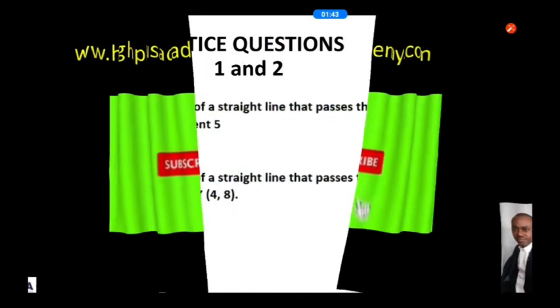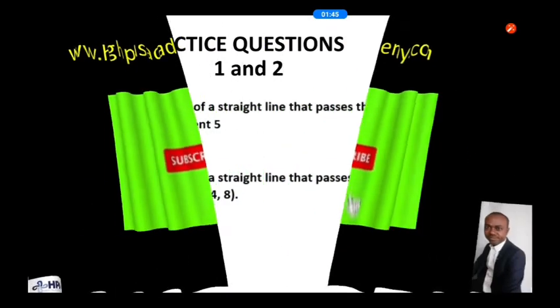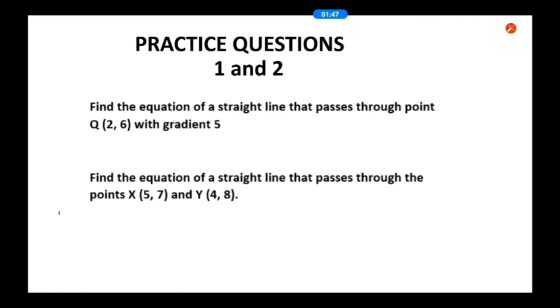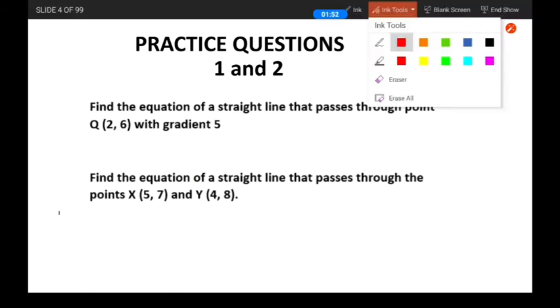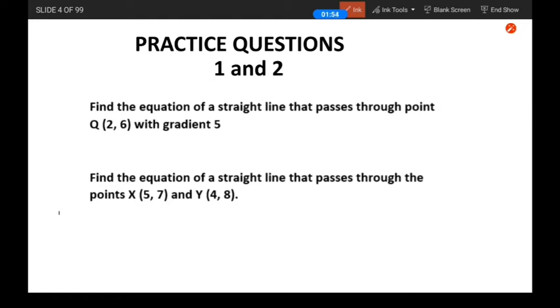Now let's look at the first question. Question 1 and question 2. You can practice all these questions over and over again. Now the first question says, find the equation of a straight line that passes through the point (2, 6) with gradient 5. Now you notice that we have a point and we have a gradient.